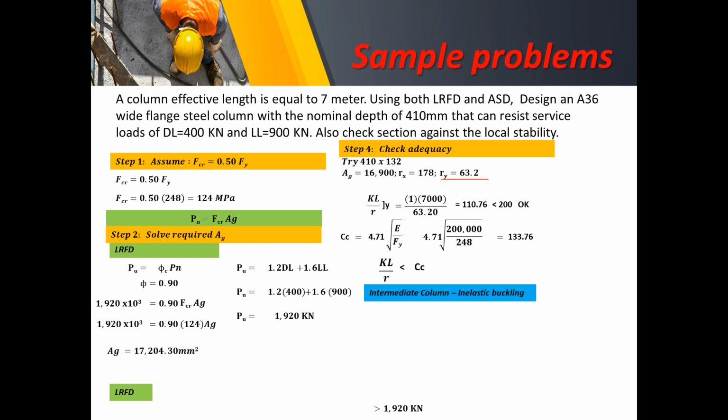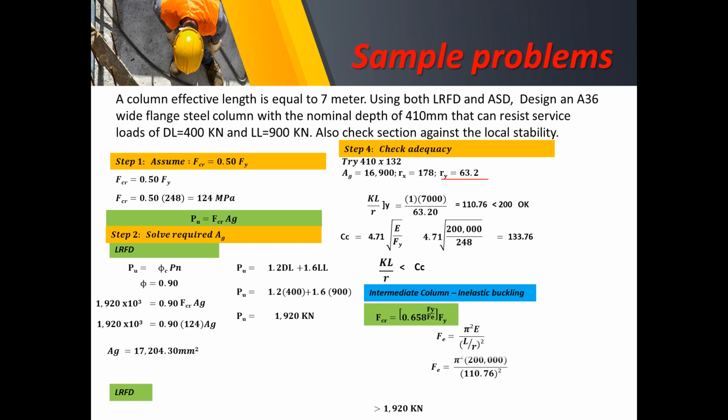Hence, it is classified as an intermediate column with mode of failure of inelastic buckling. Just the same, we use this formula for that, and we use the Euler's buckling stress.